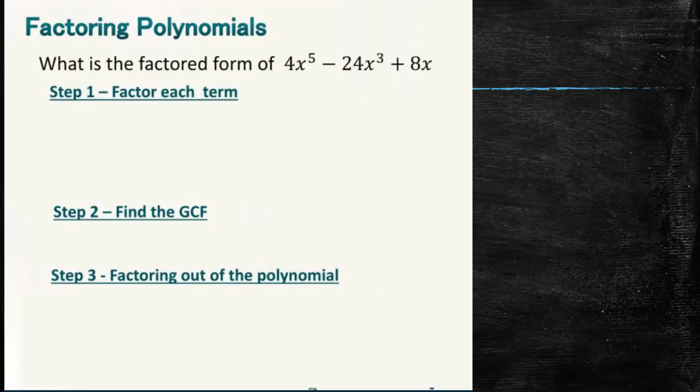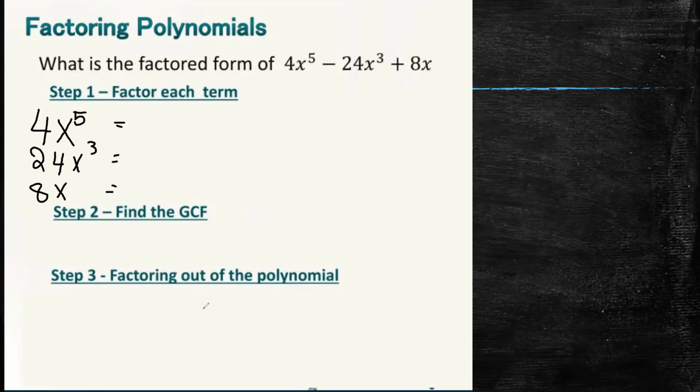So, how to factor each term? Let's do it here: 4x to the power 5, 24x cubed, and 8x. Let's factorize each term.